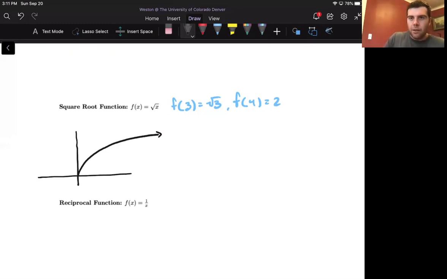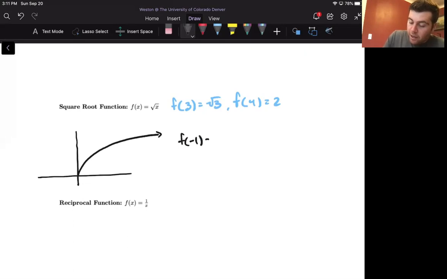And what about on the left-hand side? Take a second to pause the video and think about what the left-hand side of the graph is going to look like. All right, hopefully you came up with that we can't have anything for the left-hand side because we can't plug in a negative number to this function.